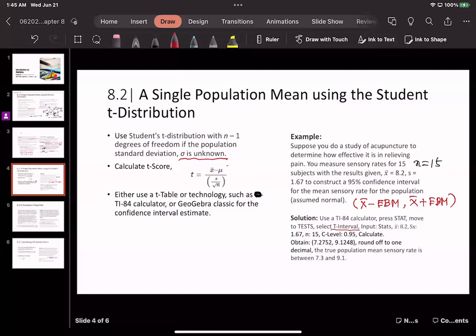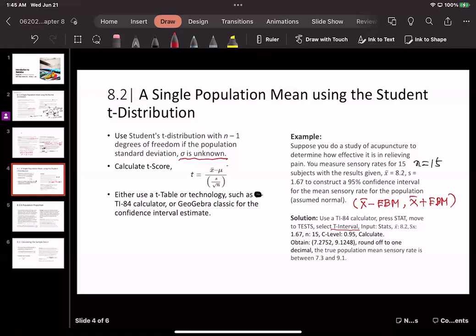We should obtain an interval with a lower limit of 7.2752, comma, and an upper limit of 9.1248.